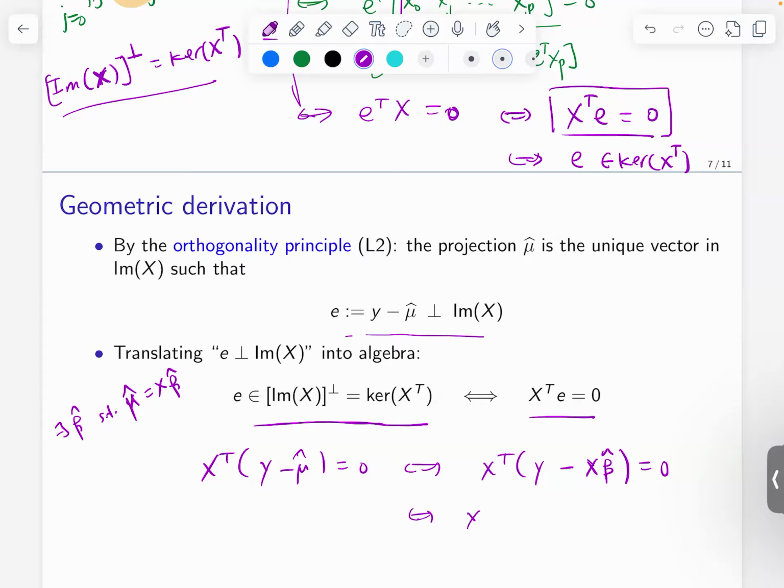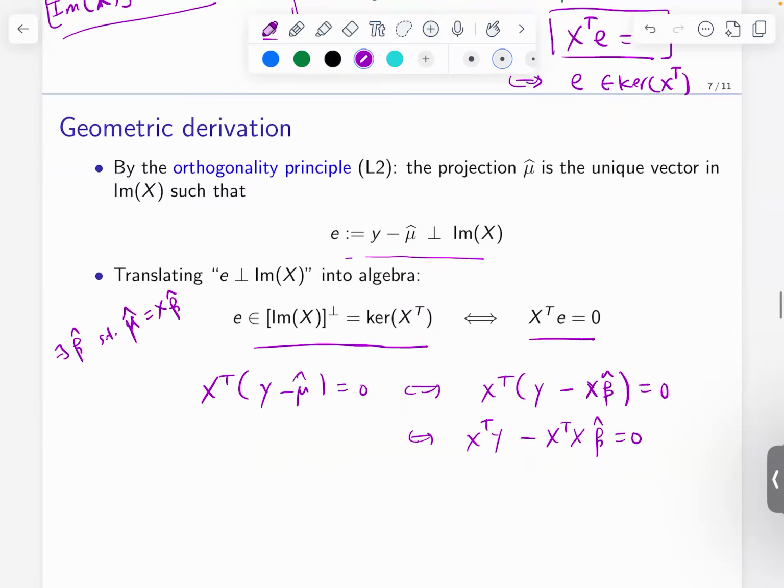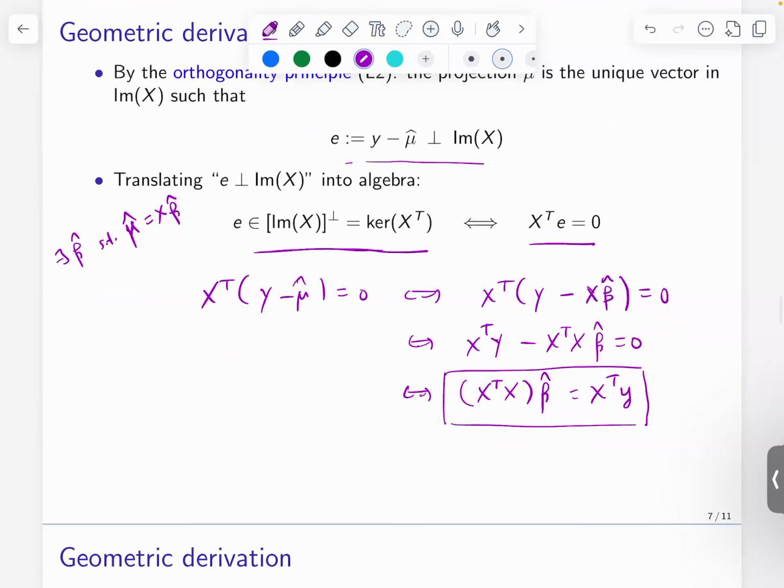So if I rearrange, I get X transpose Y minus X transpose X beta hat, which is this factor in. Just basically do the multiplication and rearrange, I get X transpose X beta hat is equal to X transpose Y. This equation is a linear system of equations that allows me to solve for beta hat.